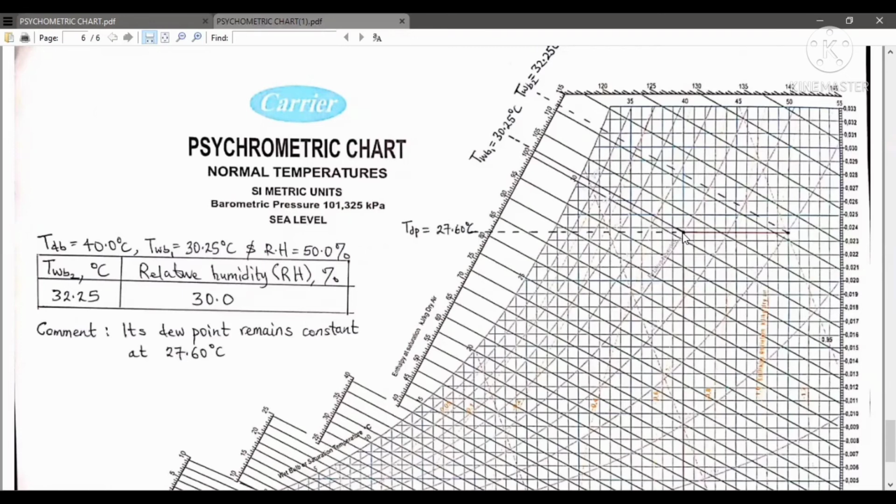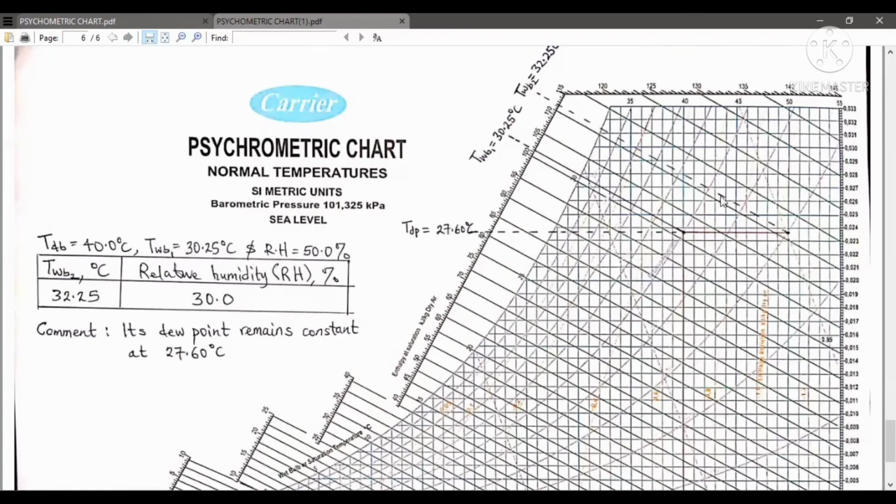Since the air is adiabatically saturated up to 50 degrees centigrade, we trace the line parallel to the horizontal line till we get to 50 degrees centigrade. And here, we have another point.